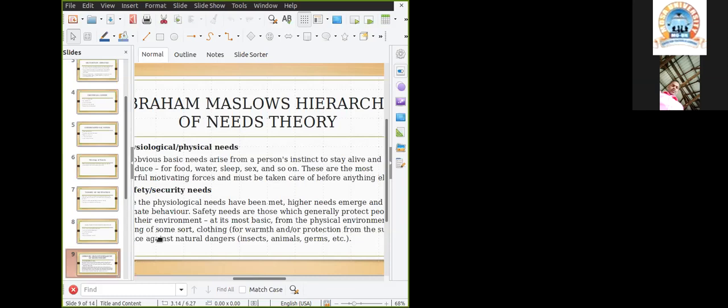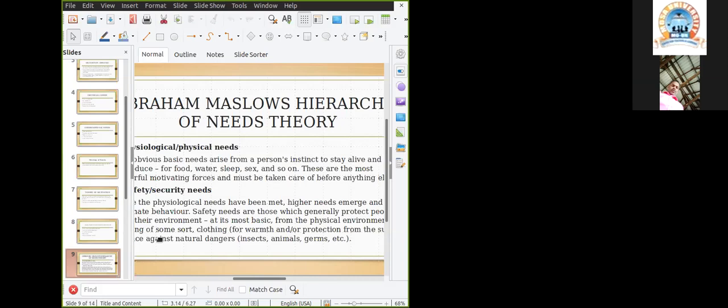Well, the sex we're talking about here is that which is needed for reproduction. Remember, we said physiological, physical needs are obvious basic needs which arise from a person's instinct to stay alive and reproduce. So the sex here is sex for reproduction.